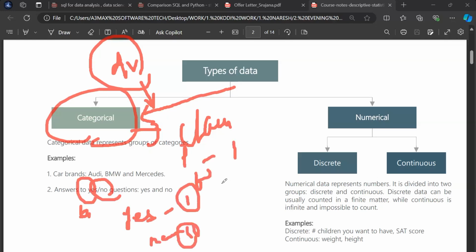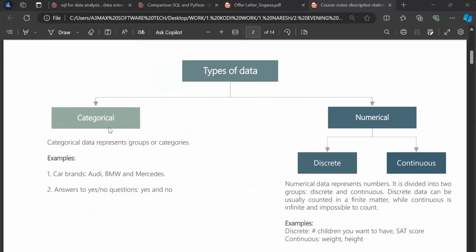Pass or fail: pass is 1, fail is 0. Cat or dog: cat is 1, dog is 0. So these types of data come under categorical. I try to connect how statistics links up to machine learning, and that's what I'm trying to do here.